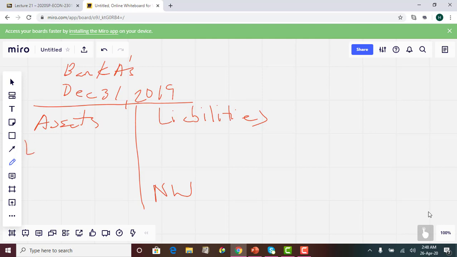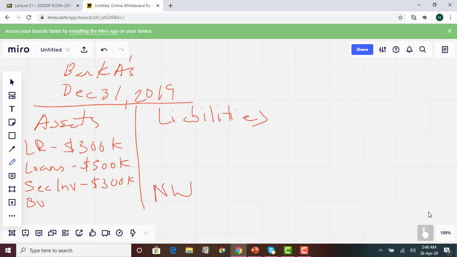You have legal reserve for the bank, assume it's 300K. Then you have loans to clients, home loans, car loans, let's say 500K. Then security investments made by the bank, another 300K. And let's say they have a building and it's 2 million.